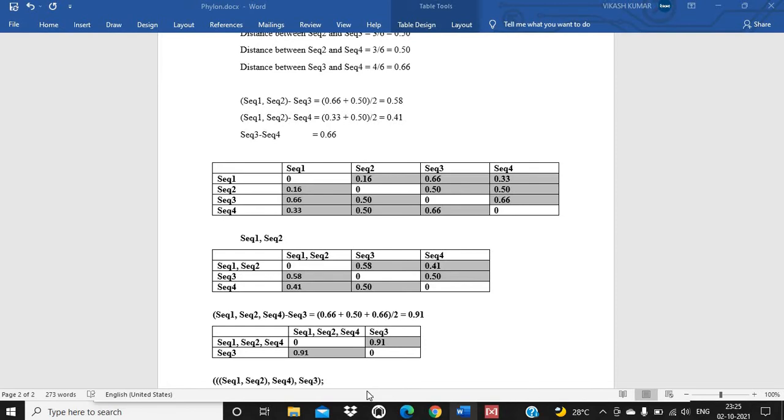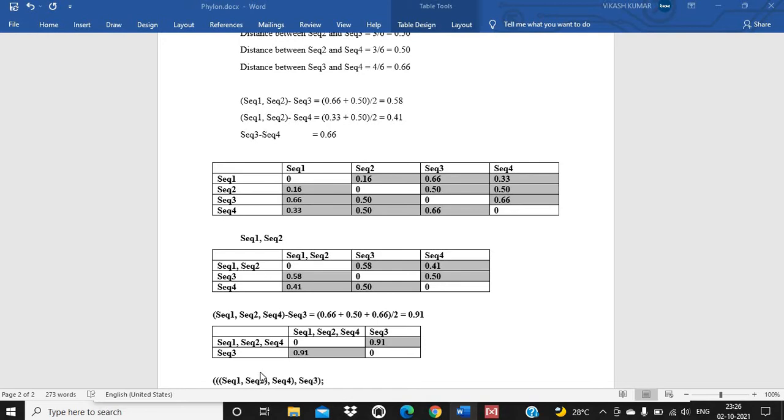So basically here only two groups have been left. When you have two groups left, it means your calculation is now complete. So here what we got is a Newick format where you can see that sec1 and sec2 are in the first group, and then the second one is sec4, which is close to sec1 and sec2, and then sec3 is distantly related.